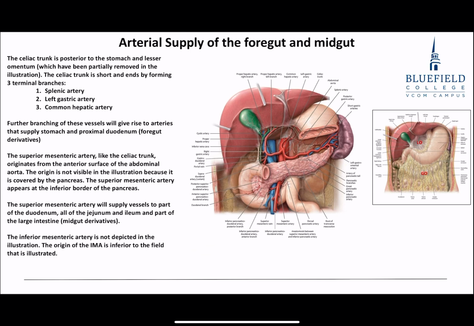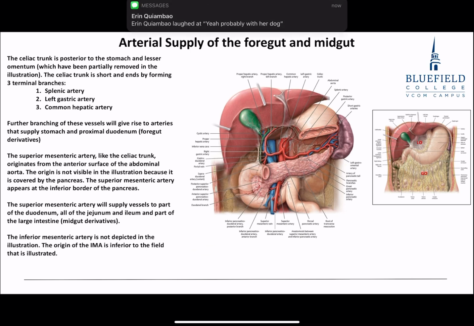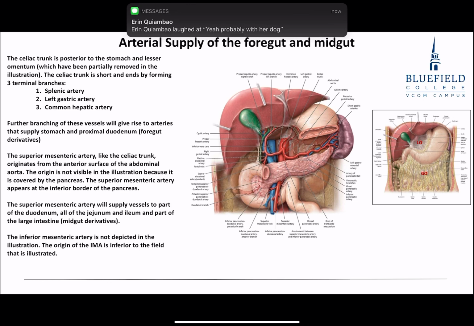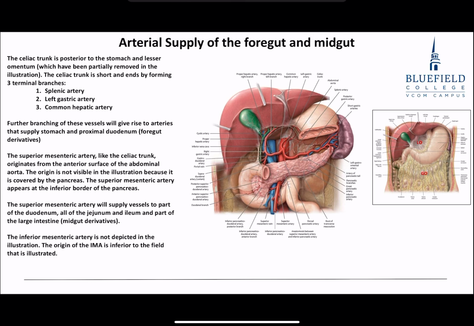I don't have those names listed here, I don't think, and so I'm not gonna ask you to remember those. But you do remember that the celiac trunk is going to be supplying the foregut organs, so it's going to be supplying the stomach, the distal end of the esophagus, the proximal portion of the duodenum.